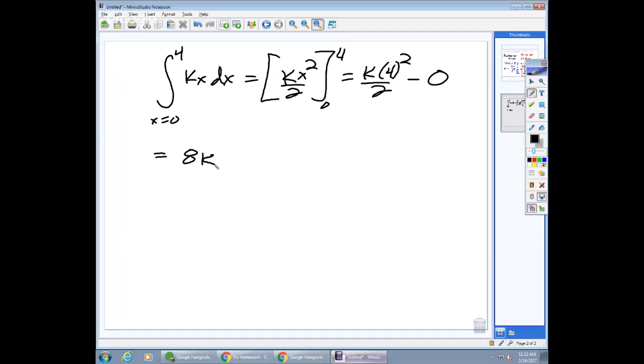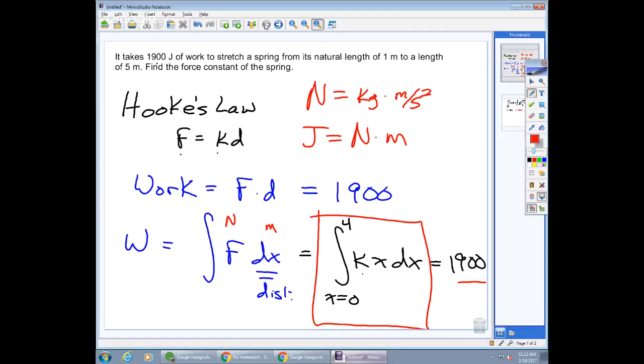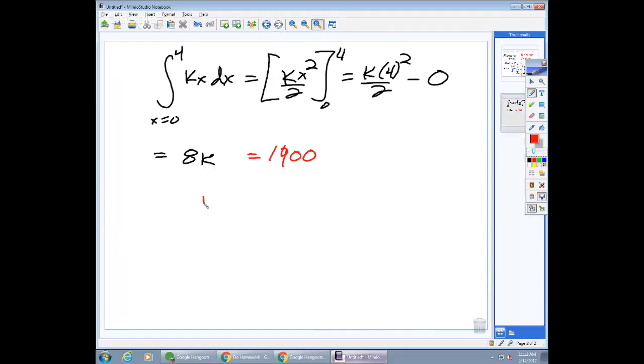I'm getting 8k when I clean that up. Anyone else get that? Got a couple nods. And I think what it was equal to is 1900. Yeah. So then k must be 1900 over 8.